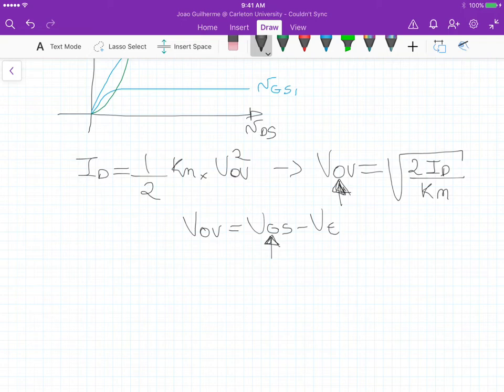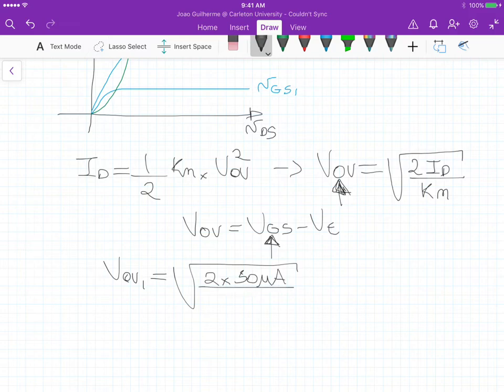So in this case, I'll call it VOV1 for the current ID equals 50 microamps divided by the process transconductance, which in our case is 1.6 milliamps per square volt. And this gives us an overdrive voltage of 0.25 volts.